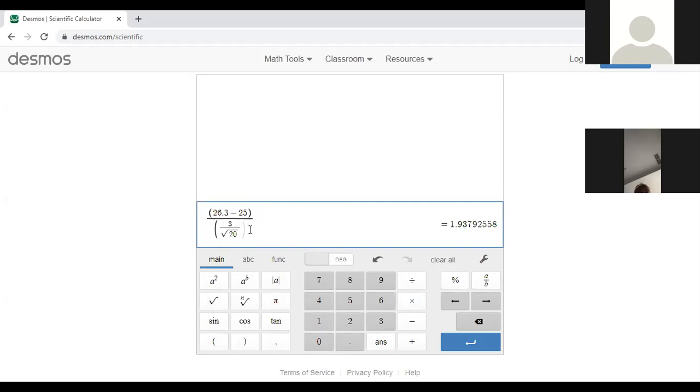And close it. It was 1.937. So we round it to 2 decimal places, which is 1.94.